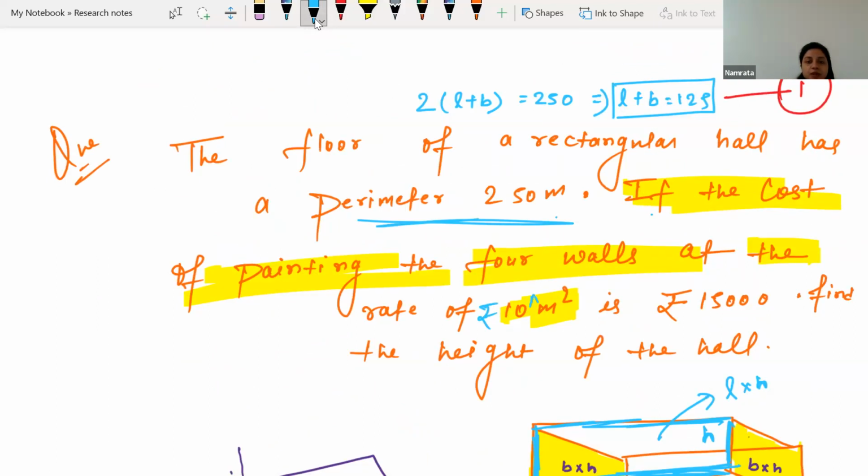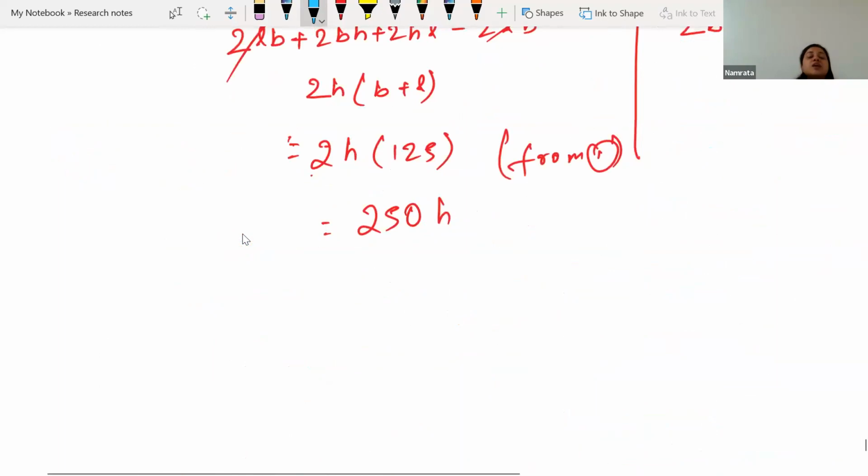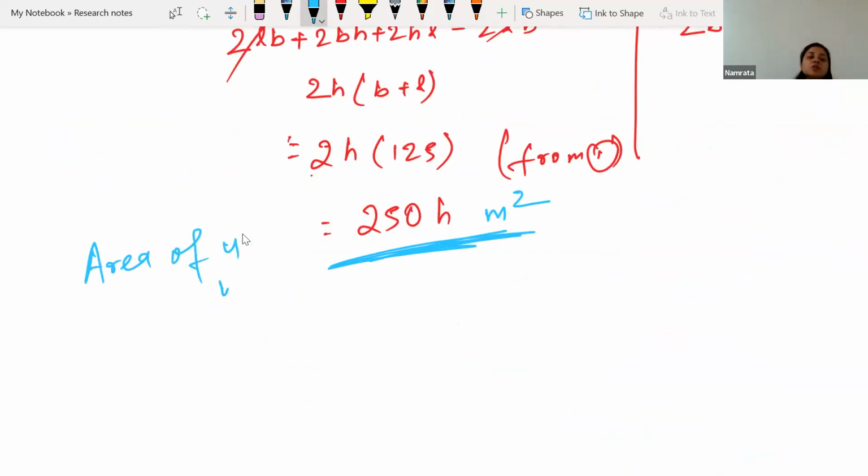So the cost of painting the 4 walls is rupees 10 per meter square. The cost is rupees 10 for 1 meter square. This is the area of the 4 walls, this much meter square is the area of 4 walls. So the cost of painting for 1 meter square is rupees 10.